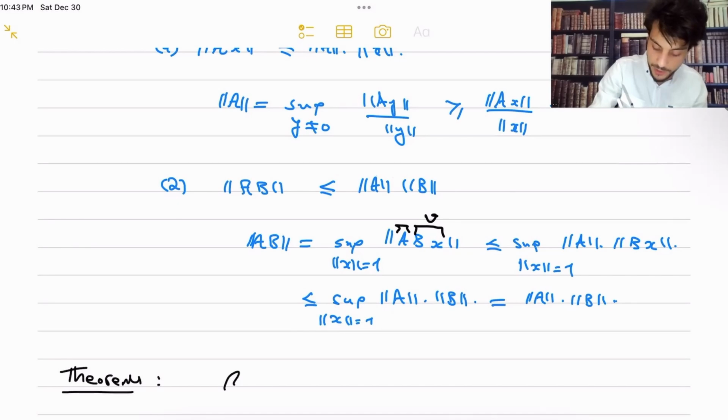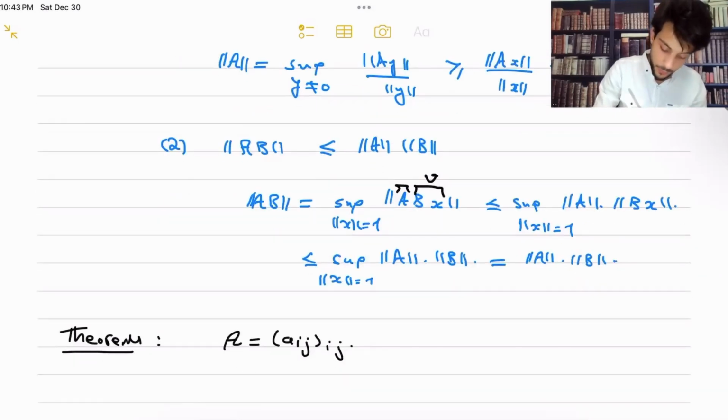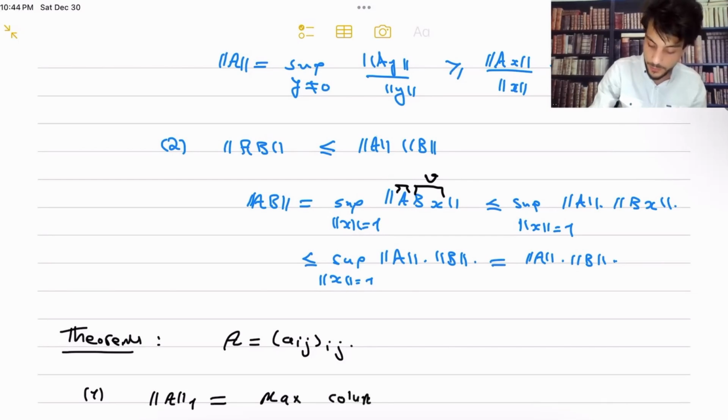Okay, if you're given a matrix A, written as A_ij, then the first part of the theorem says that the 1 norm of A is the maximum absolute column sum of A.